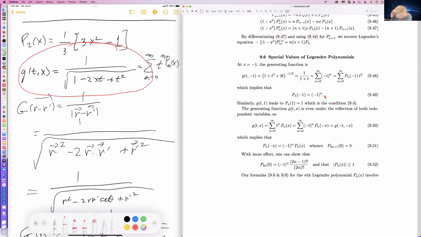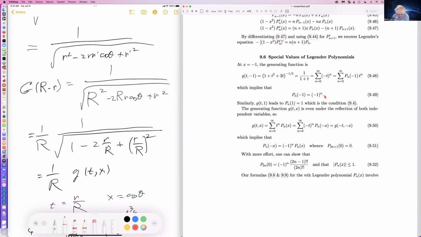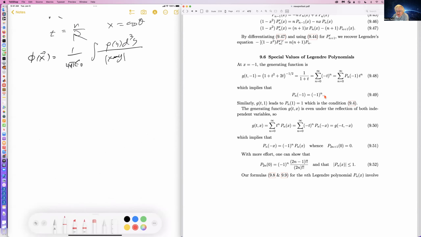So you see these generating functions are really lovely things. They just give you so much information. If instead we say, well, what is Pn of 1?